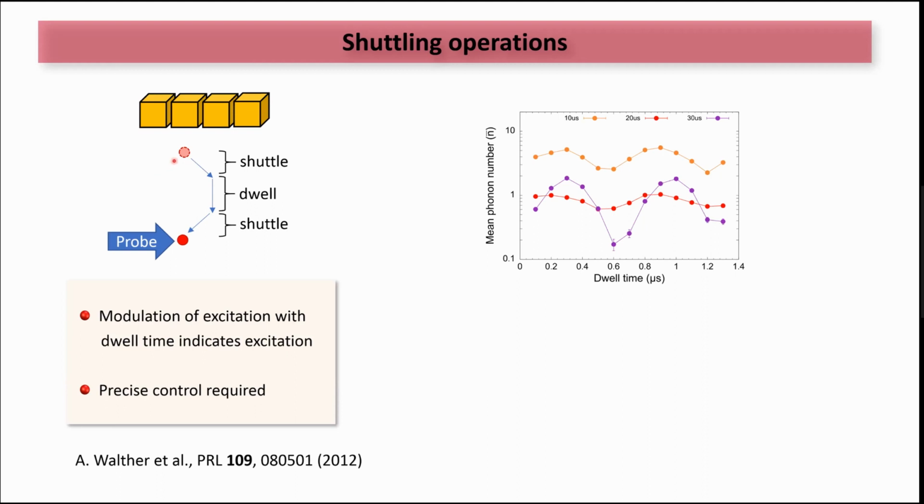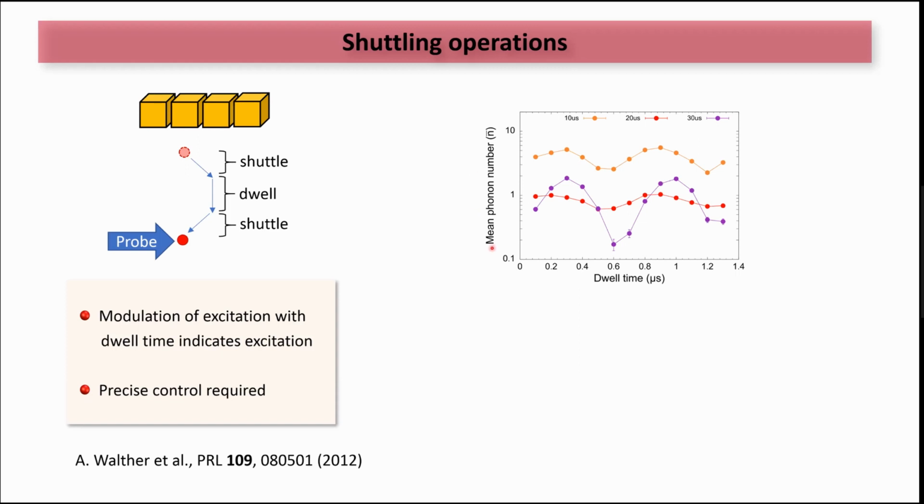What we do, for example, is a simple shuttling operation where we move a single ion from one segment to the neighboring one in finite time, let it dwell for a fixed amount of time, and move the ion back to its initial location, and then spectroscopically probe the motion. I'm not going to explain that, but by means of suitable spectroscopic methods, we can infer the mean phonon number on the particular mode, and the results you see here.